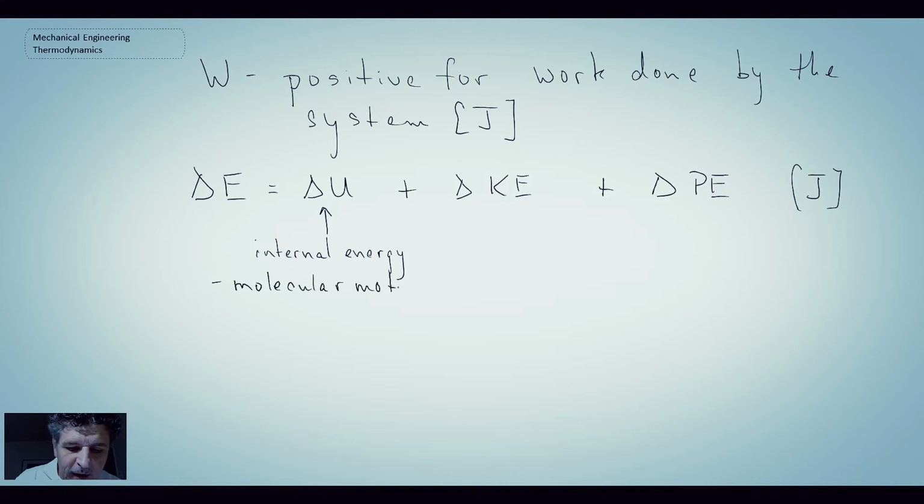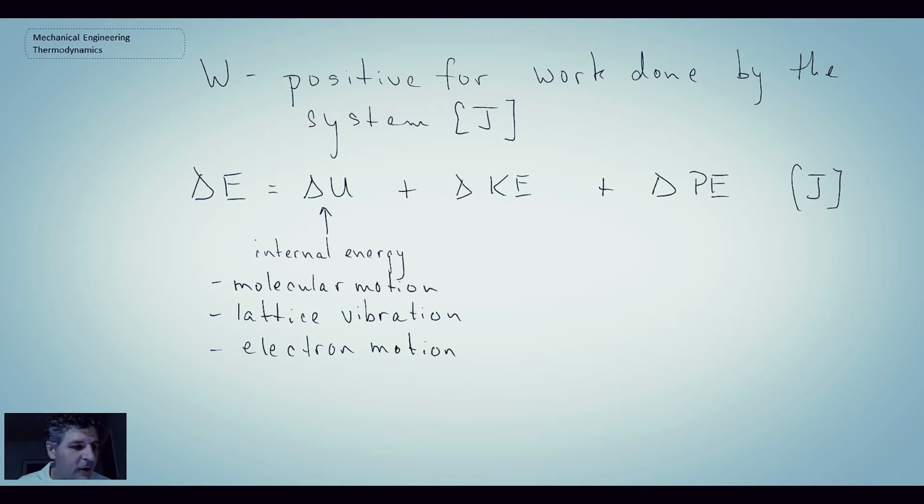So in the case of a gas, we have molecules that are moving around, hitting each other. As the temperature goes up, the molecules move quicker. In the case of a solid, it would be lattice vibration, or even electron motion. So those make up the internal energy of the system.